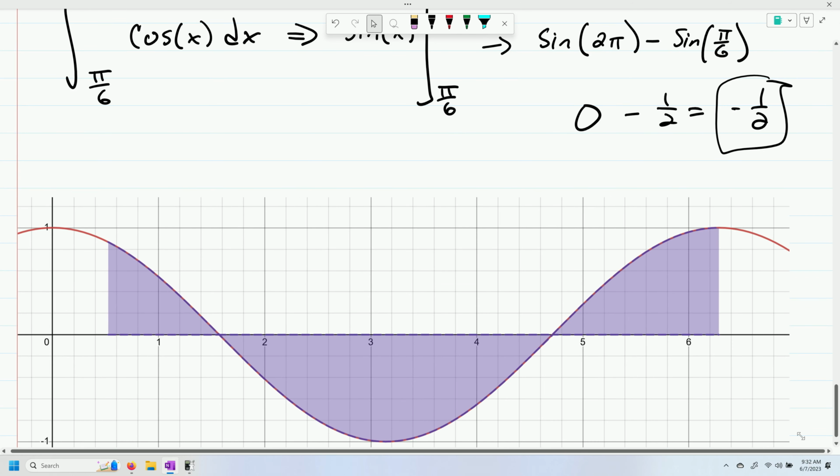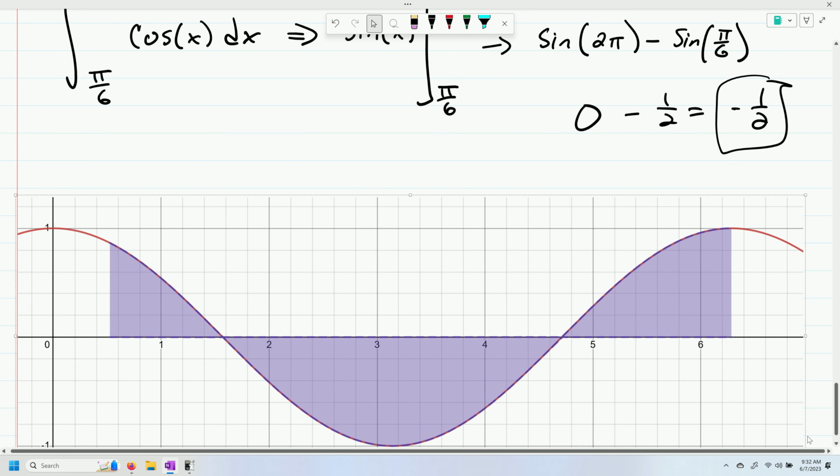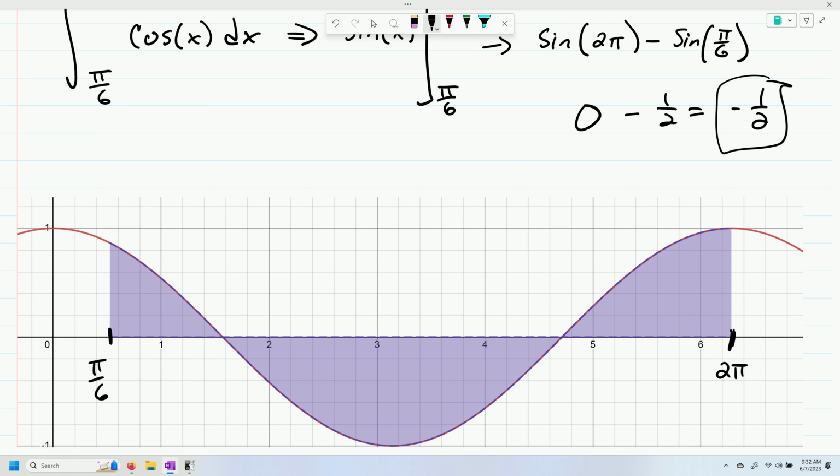So here's the problem. When we are evaluating from pi over 6 all the way over here to 2 pi, the thing we've got to remember is you have area above the x-axis for that first region. We'll call this region 1. And in region 3, you have area above it as well.